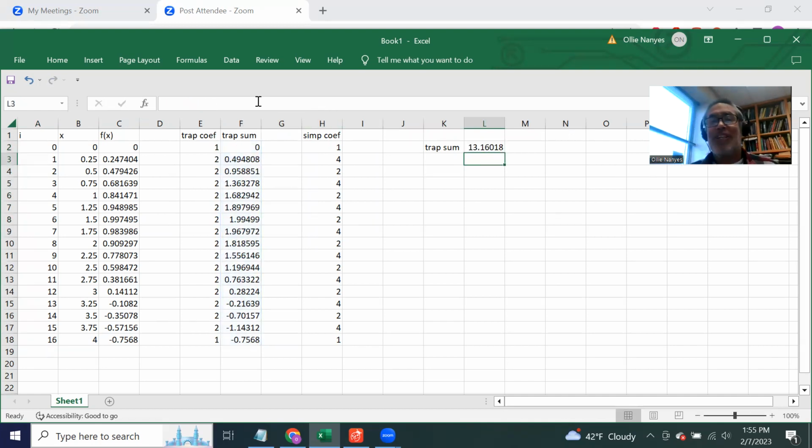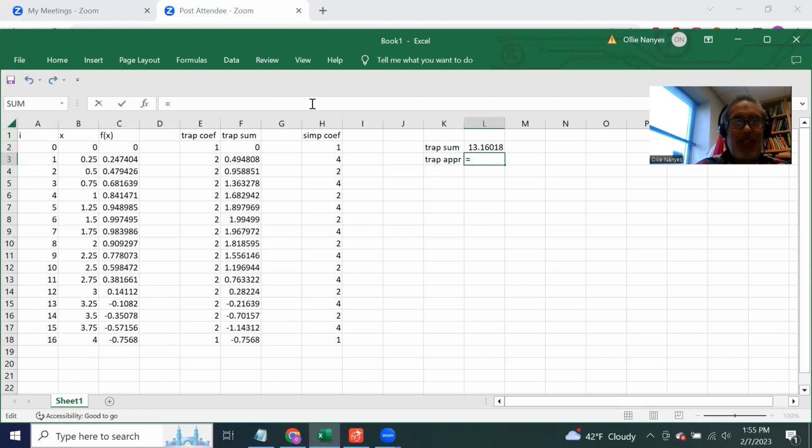Now, in this particular case, there are only 16 subintervals. We want to find the trapezoid approximation, so you can label it anything you like.